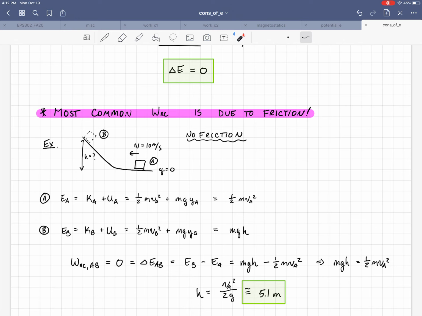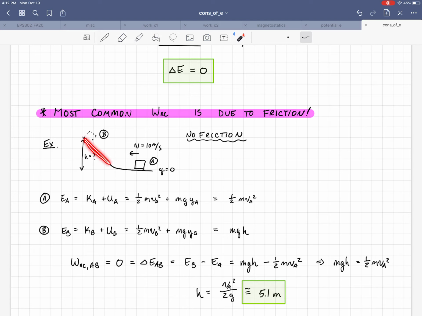The maximum height is going to be 5.1 meters regardless of whether I launched this block at 10 meters per second in this direction and it goes up the ramp, or if I launched it straight up at 10 meters per second. In both cases, the block will reach the same maximum height of 5.1 meters.